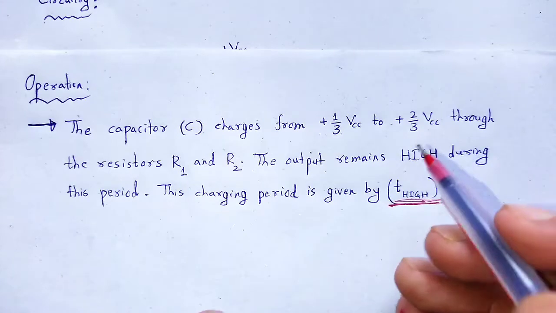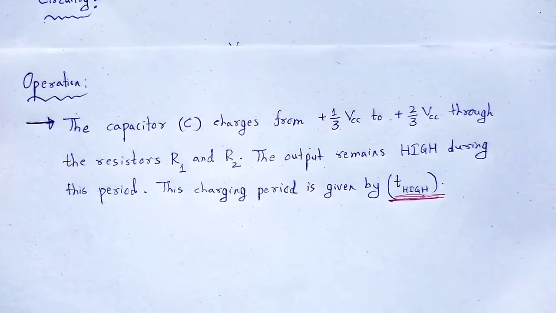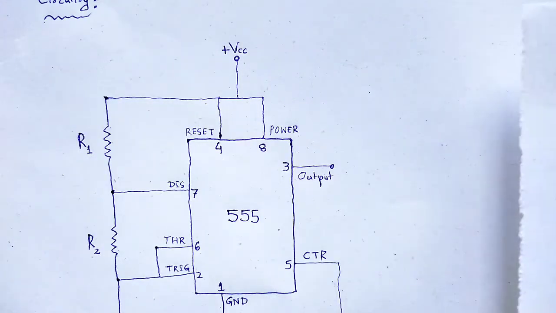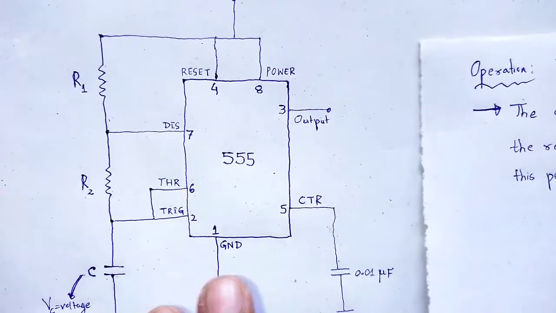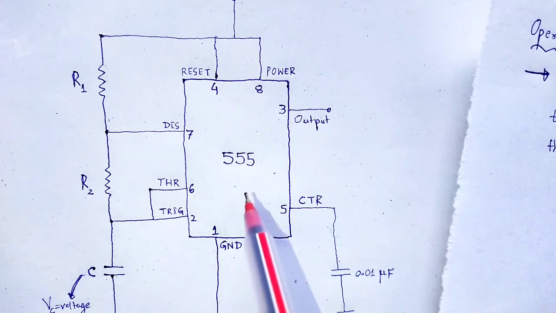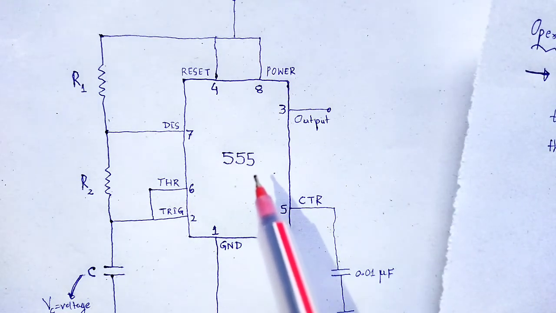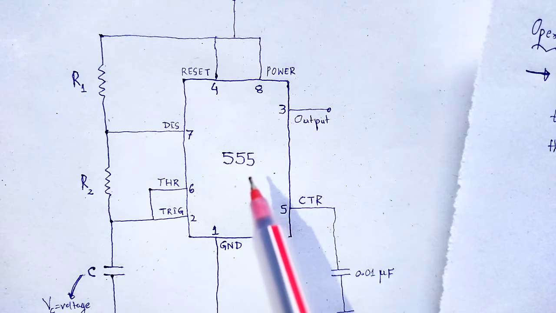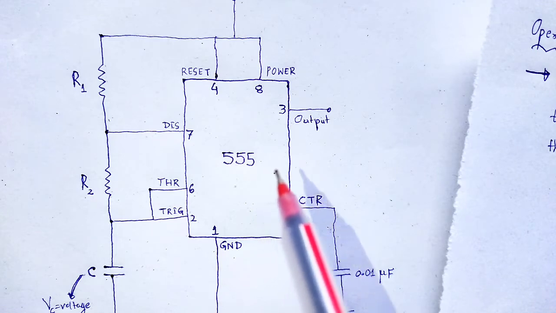Why is the output high? Look here, during the charging period, charging means the capacitor is charged. There will be two transistors in 555 timer IC, transistor 1 T1 and transistor 2 T2. Basically, transistors are used for switching purposes. Transistors or diodes are used in an electronic circuit for switching purpose.